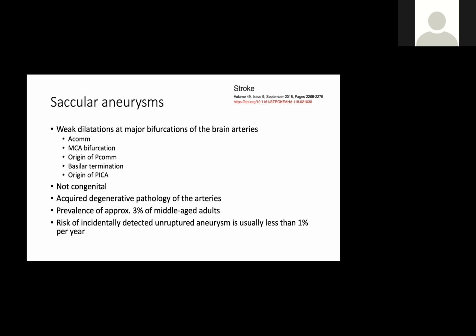So 1 to 5% is not vanishingly uncommon, and it's an awful lot of people out there walking around with unruptured aneurysms. But the point is that the vast majority of those will never rupture. Less than 1% of them rupture, and the natural history of an unruptured, incidentally detected cerebral aneurysm is actually very benign, much more benign than people attribute to it.